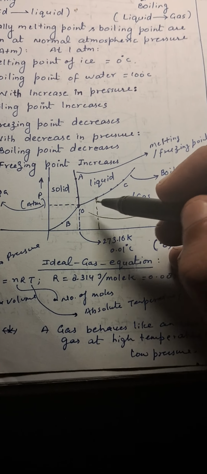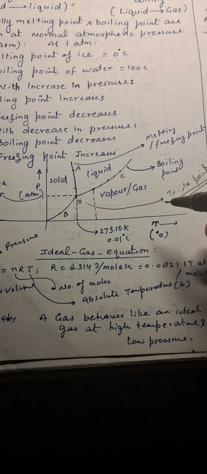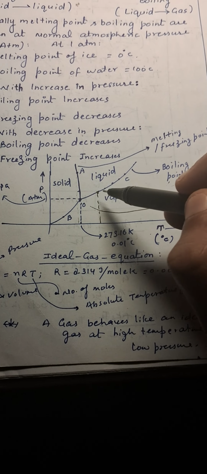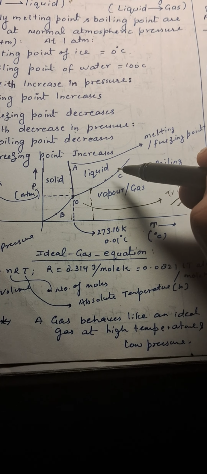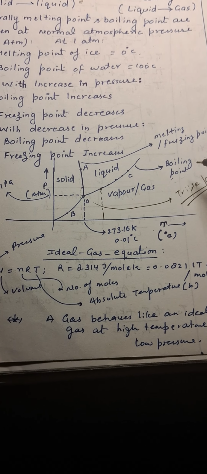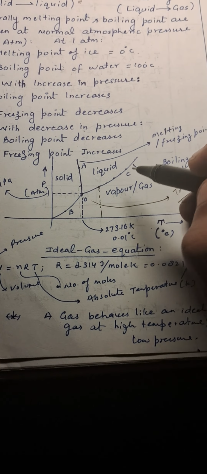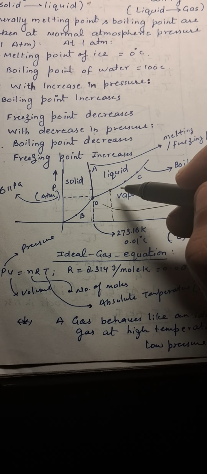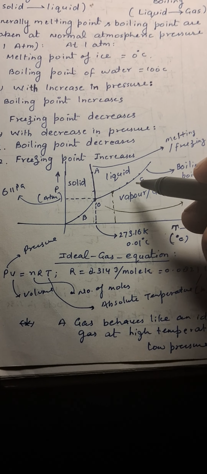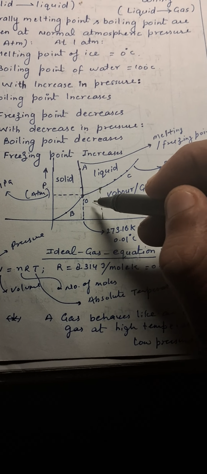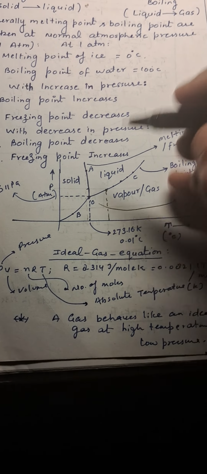And we can see that from here, if we increase the pressure, suppose like this, the temperature is going to increase, so boiling point will increase with increase in pressure. Similarly, if we decrease the pressure, then you can see the dotted lines over here, they will shift down, so the boiling point will decrease.